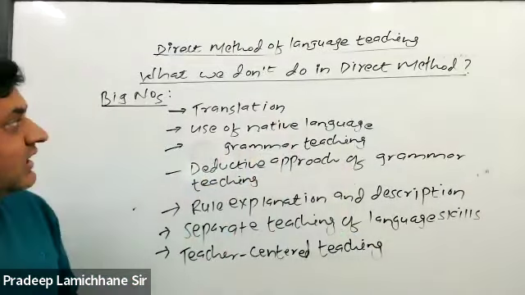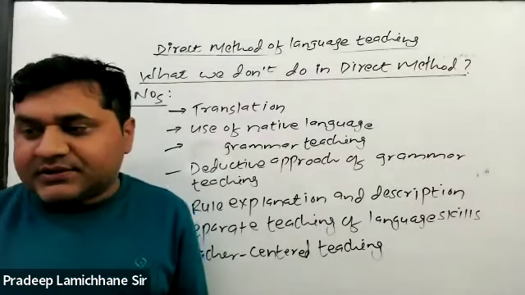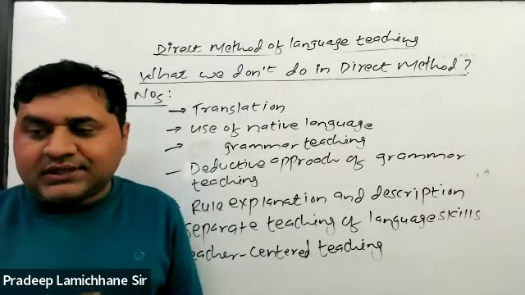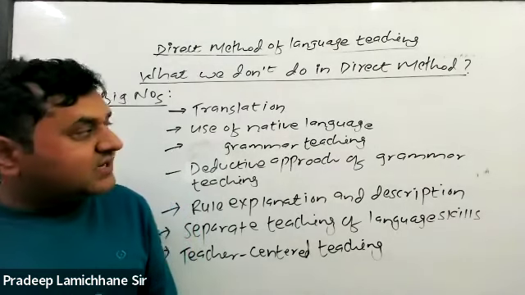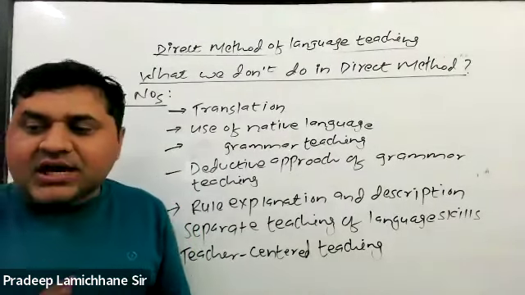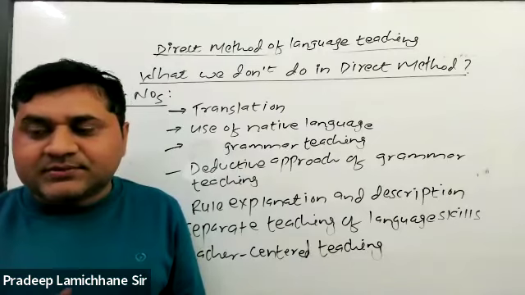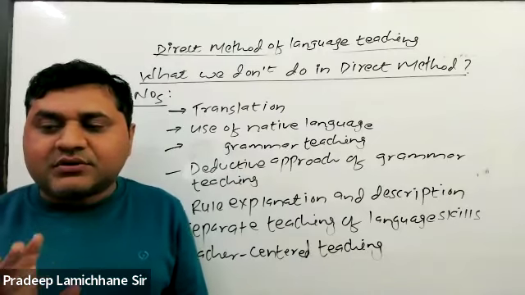Now you have to see in direct method. In direct method, translation is not allowed. In direct method, teachers cannot use native language. In direct method, you cannot go through lengthy discussion of grammatical rules. Don't teach grammar consciously.